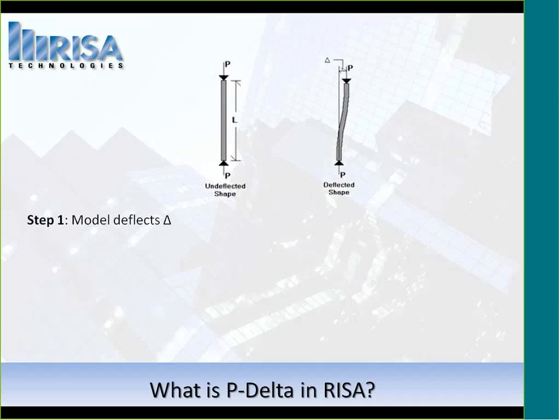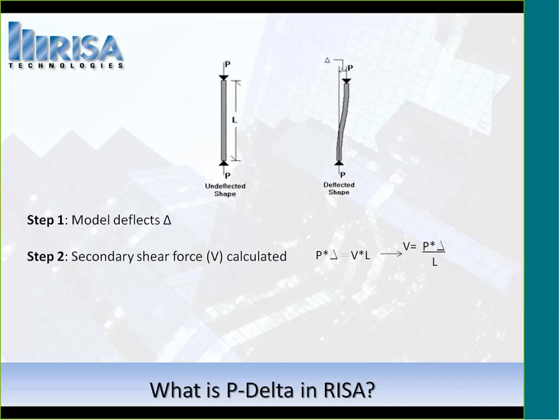As that column deflects, there's a certain delta or horizontal deflection there, and that would be what we call the delta in this P-Delta example. We're going to take that delta and find some secondary shears that are caused in that column due to that deflection. So it's almost as if that column loaded with gravity is leaning over.